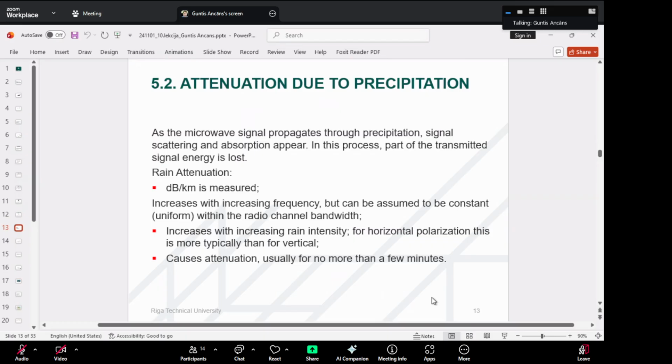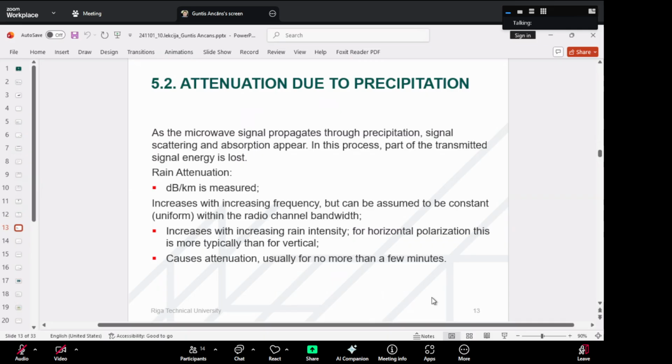As you remember, in the case of free space loss, which actually is attenuation by atmosphere, the measurement unit was decibels.